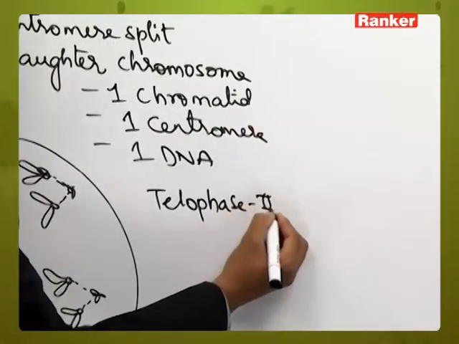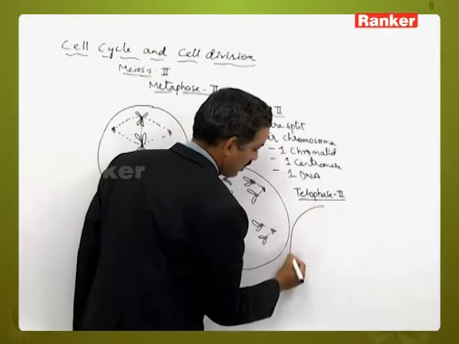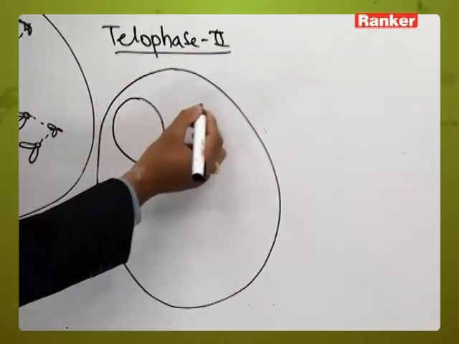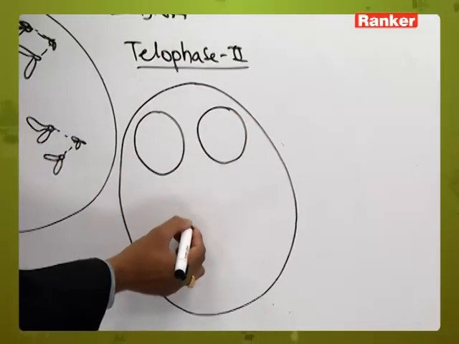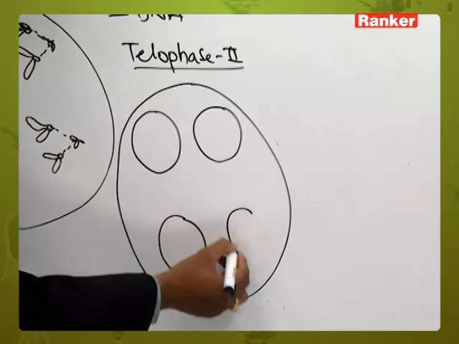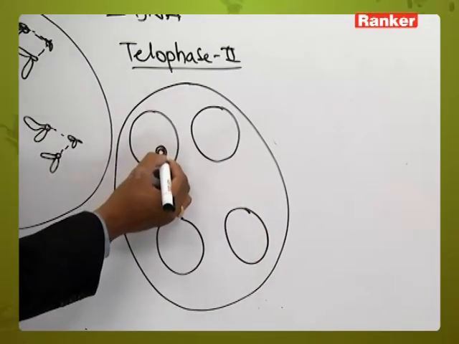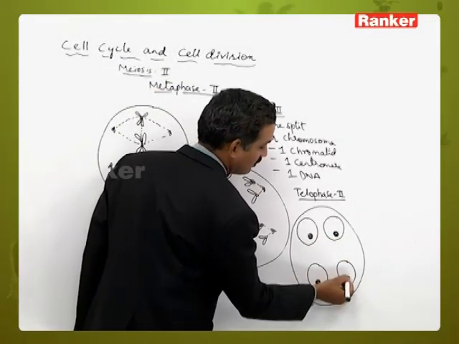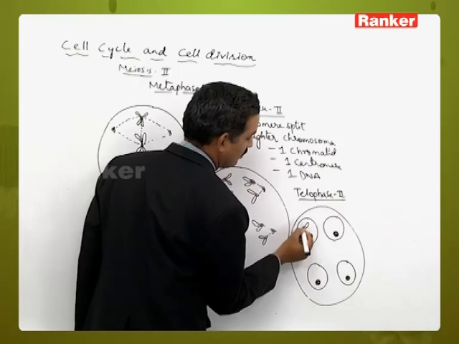During telophase 2, the 4 daughter groups of chromosomes which have been formed reorganize the nuclear membrane, the nucleolus, the endoplasmic reticulum and the Golgi complex, to form 4 daughter nuclei.